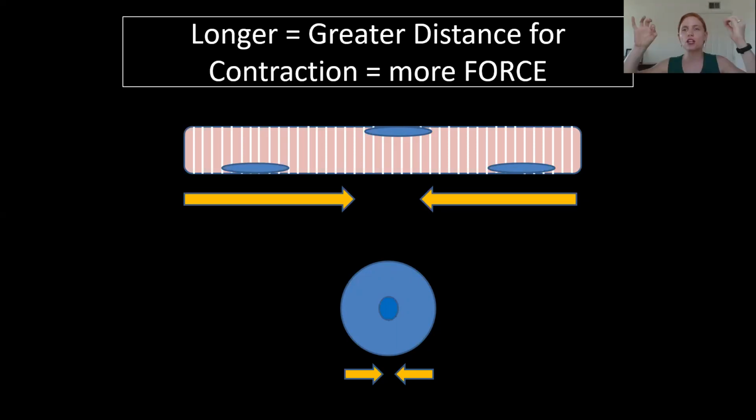So if you were really, really long, the longer you are, the more distance you can cover when you shorten. You can shorten a greater amount, and the more distance and difference you can create, the more force you're going to generate in that muscle. Okay, so they're specialized for their function of contraction, shortening.